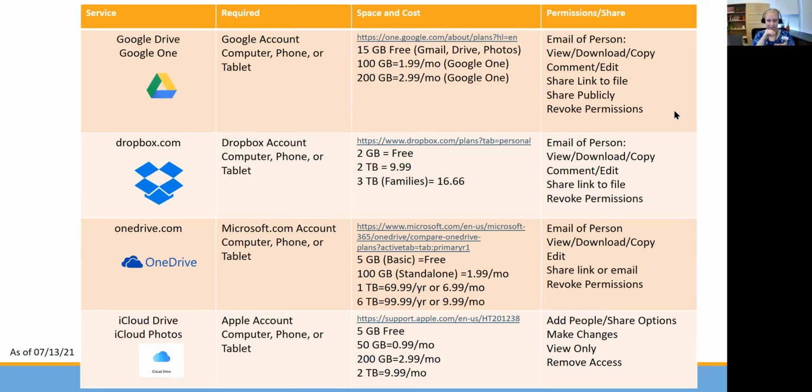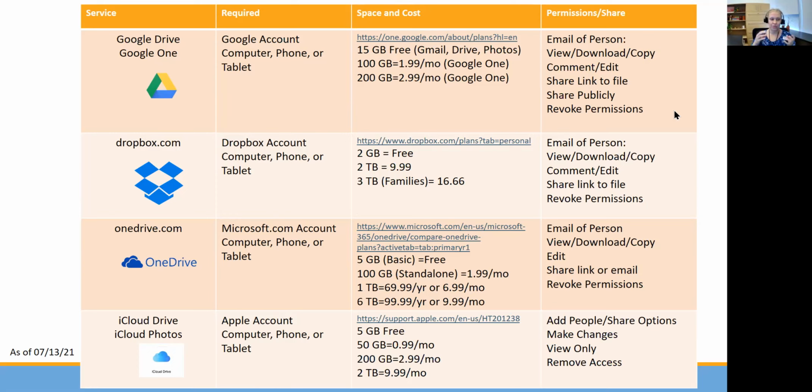And you can go through and figure out which one is going to best suit your needs based on how much you think you're going to be putting in the cloud for storing, and how much you want to access. And sometimes they're bundled too.